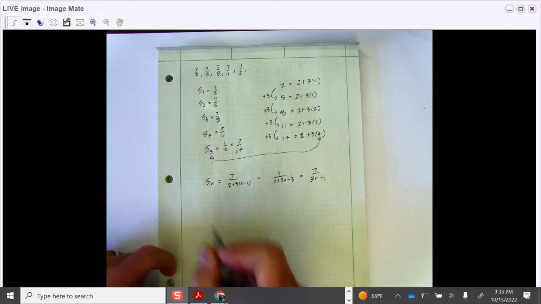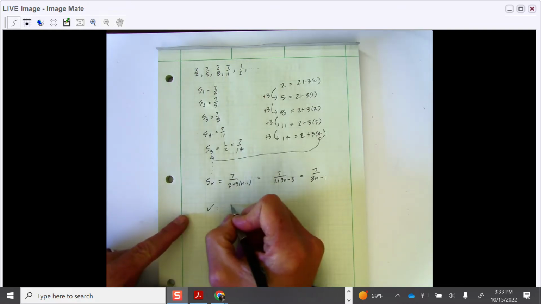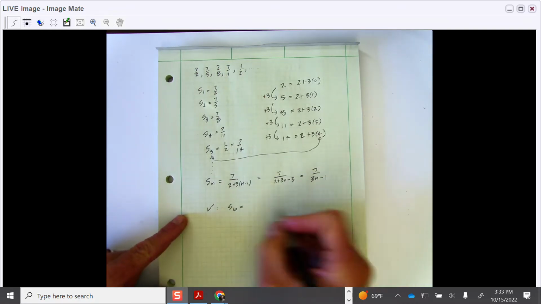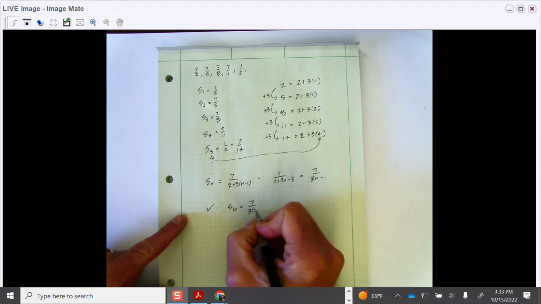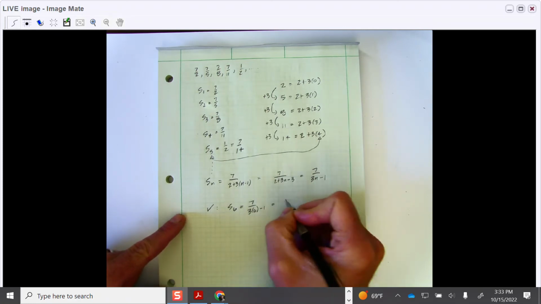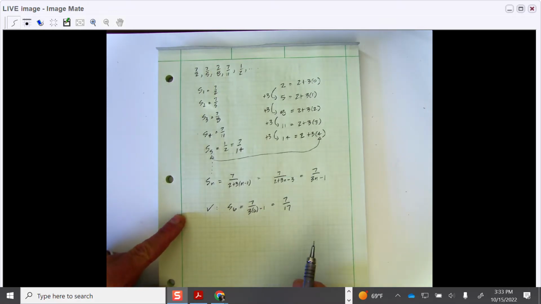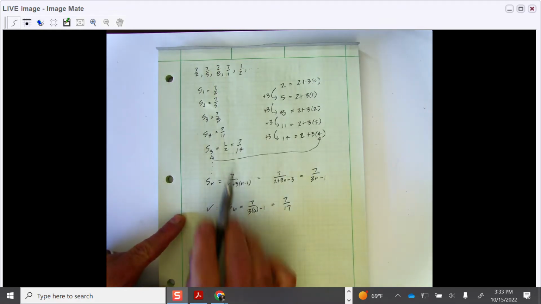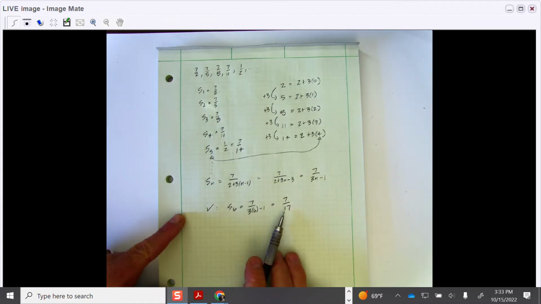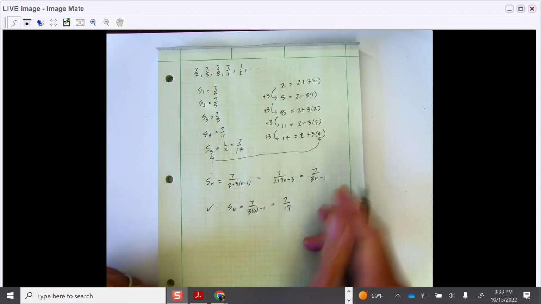And let's just check what S sub 6 is. It's going to be 7 over 3 times 6 minus 1. That'll be 7 over 18 minus 1, or 17. And yeah, that seems to be working right, because 17 is 3 more than 14. 7's in the right place. So I'm happy about that.